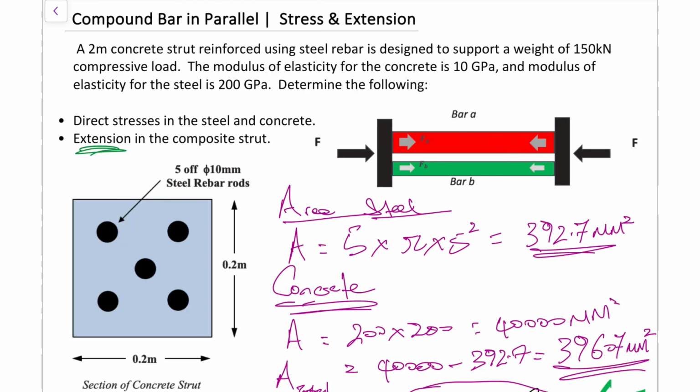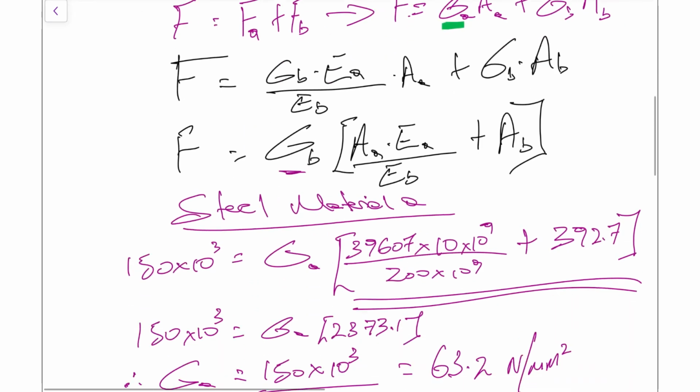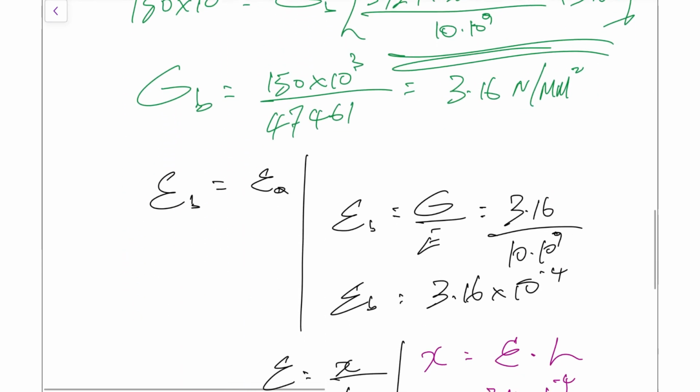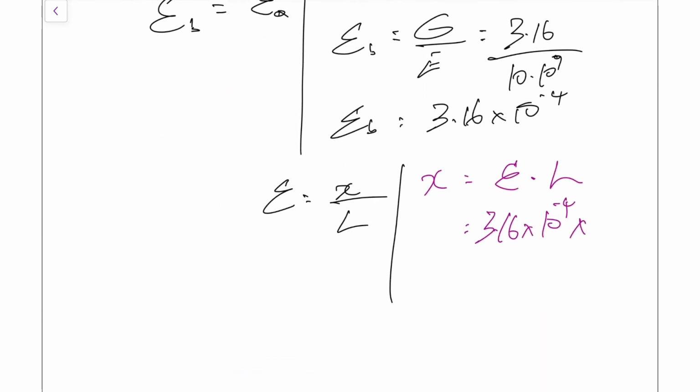Our original length is actually 2 meters, but because we have been consistently using millimeters, I'm just going to convert that into millimeters. So that will just be 2,000 millimeters. And we have an overall change in length of 0.63 millimeters. So that's everything. That's representing our stress in both materials, our strain in the materials, and the change in length.